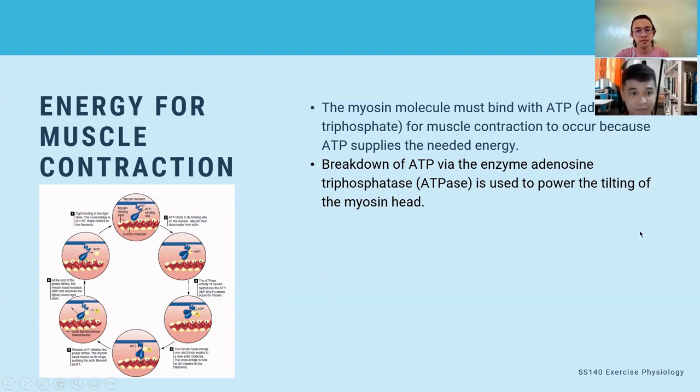So it repeats the attachments until energy is supplying the cross bridge formation. Once the energy is reduced, then another ATP will bind to the myosin and form again the cross bridge formation. And then it will slide past through the thin filaments, generating a muscle contraction.